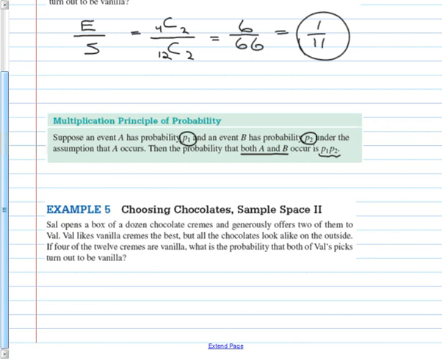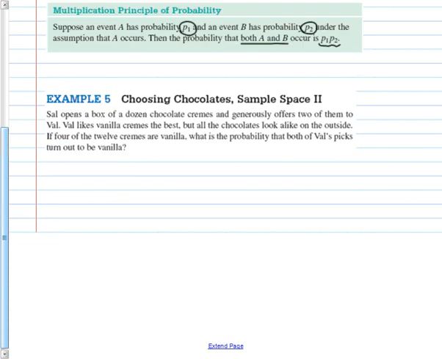So I'm going to take this idea, one thing happening after the other. Same question. There are a total of 12 creams, and 4 of them are the vanilla that she wants. If she draws 1 of them, what's the probability that it is a vanilla one? 4 out of 12. There are 4 ways that we can get what she wants out of the 12.